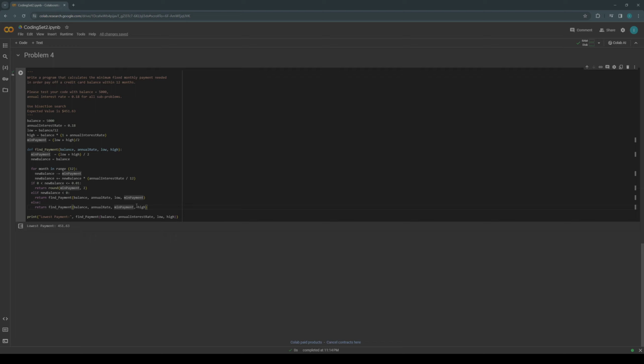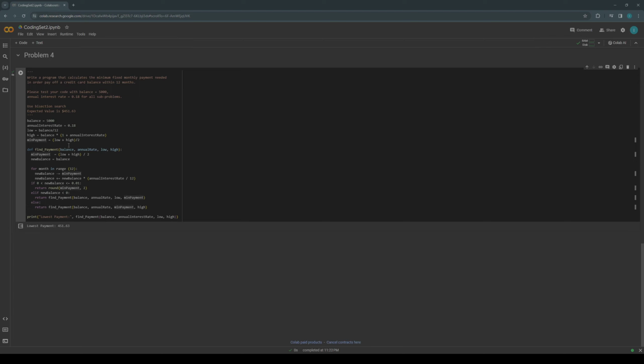It did not pay off the full balance. So we are going to return and do the function again. And so we have a recursive loop where we're returning our function until we find a minimum payment that is between 0 and less than or equal to 0.01.